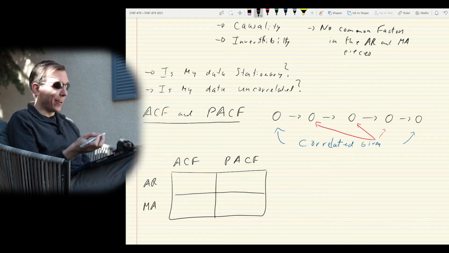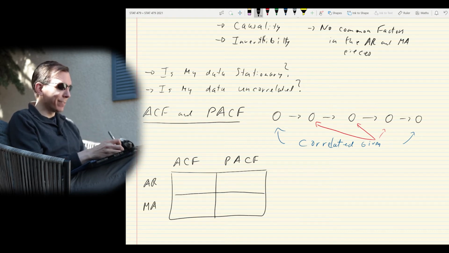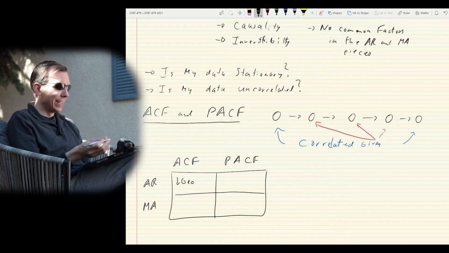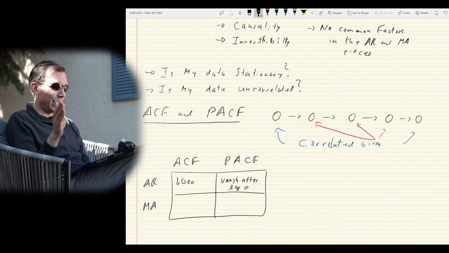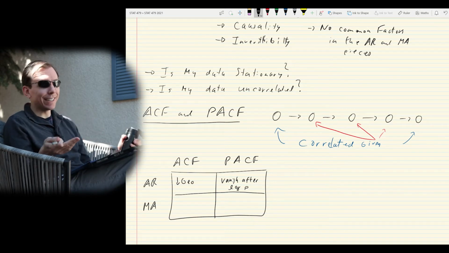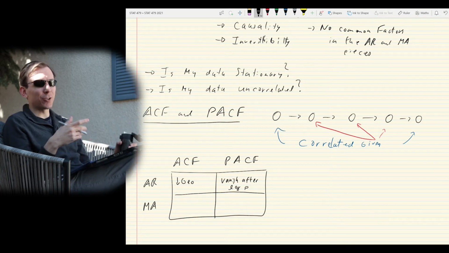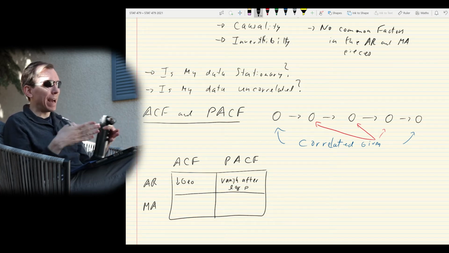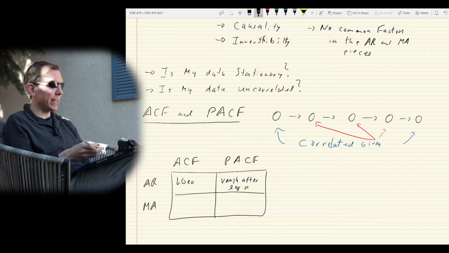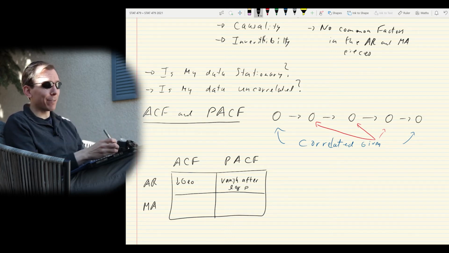If we have an AR process, then the ACF decreases geometrically, whereas the PACF will vanish after lag P. It becomes zero. And then, of course, with data, it's never exactly zero. We'd still have some noise there, some little fluctuations about zero, but mathematically, it would just equal zero after lag P.